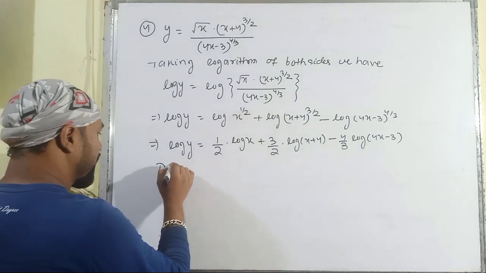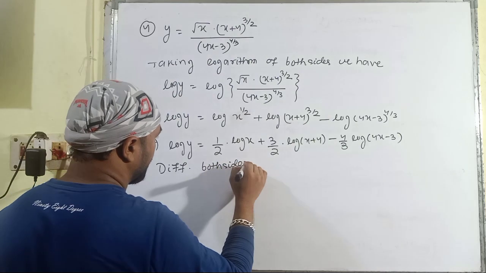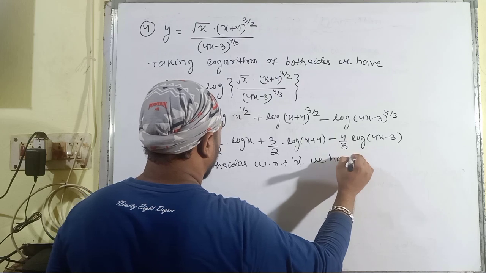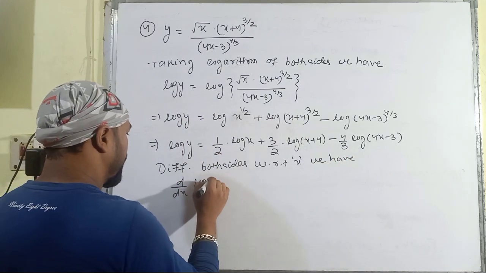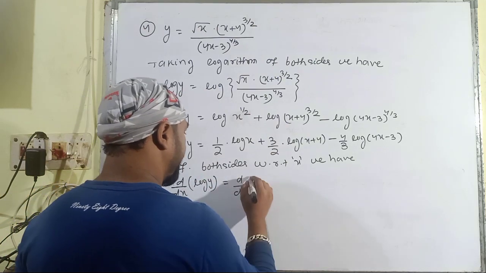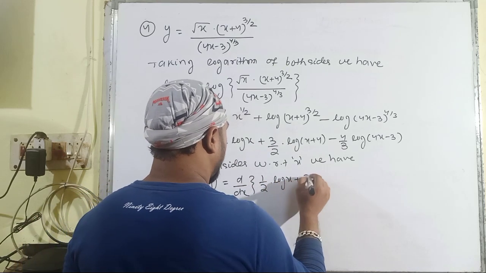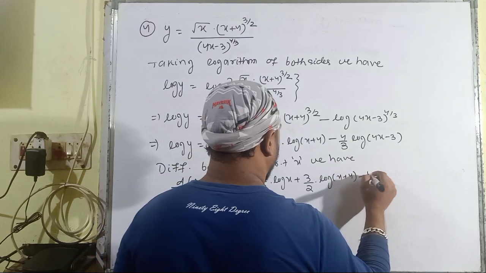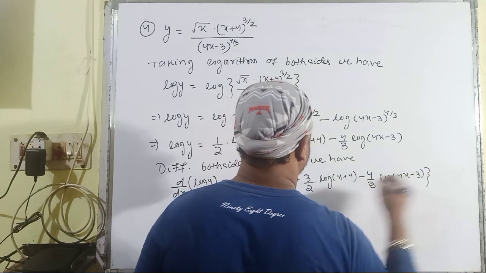Then differentiating both sides with respect to x, we have the differentiation of log y is equal to the differentiation of [1/2 log x + 3/2 log(x+4) - 4/3 log(4x-3)].